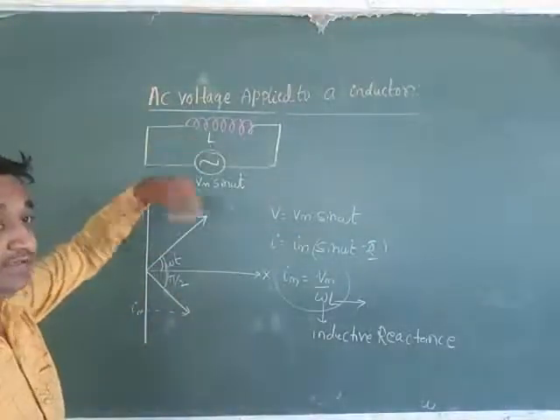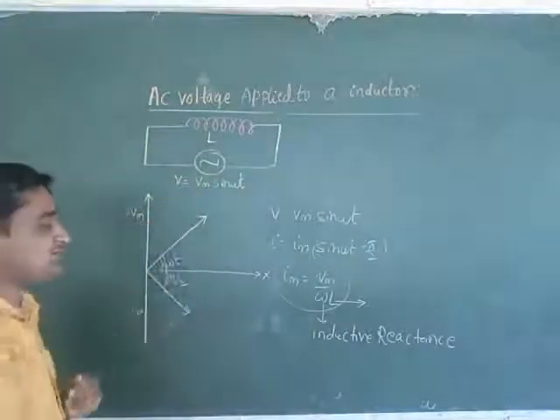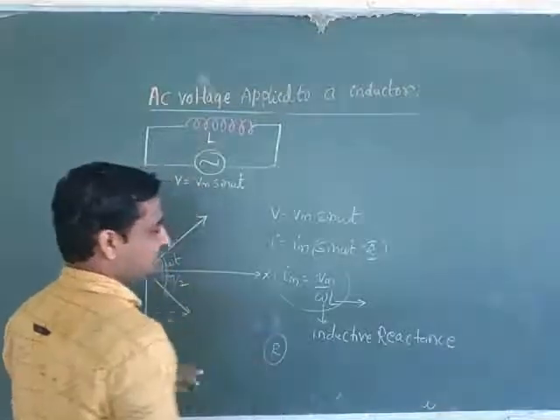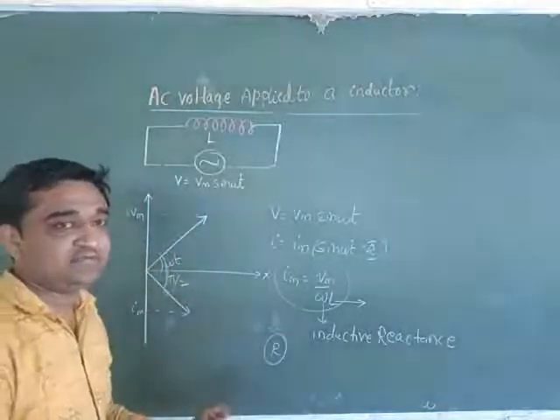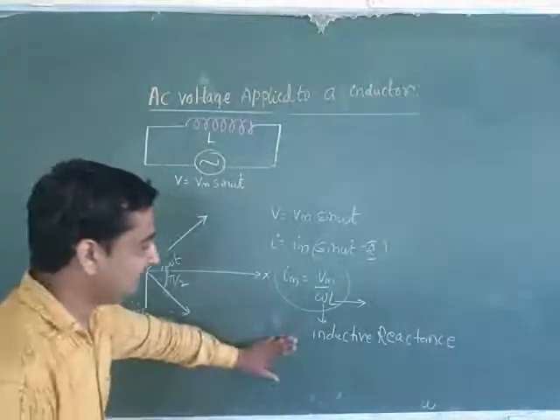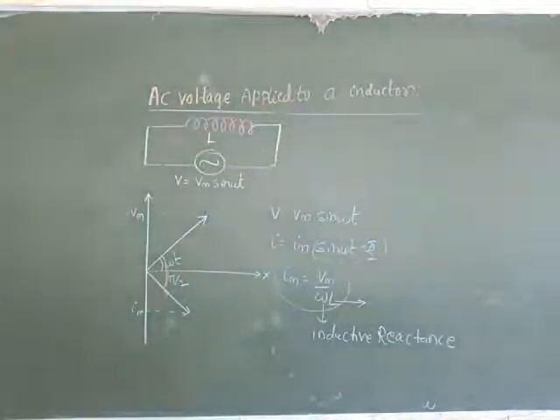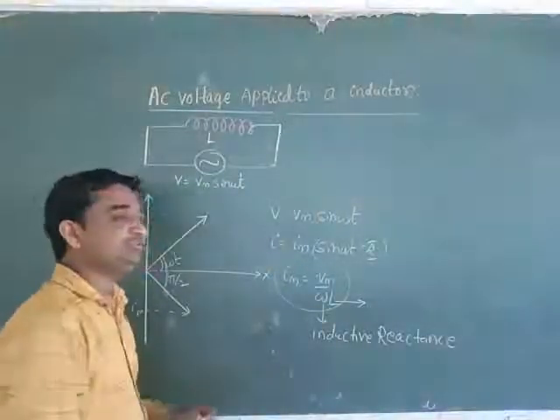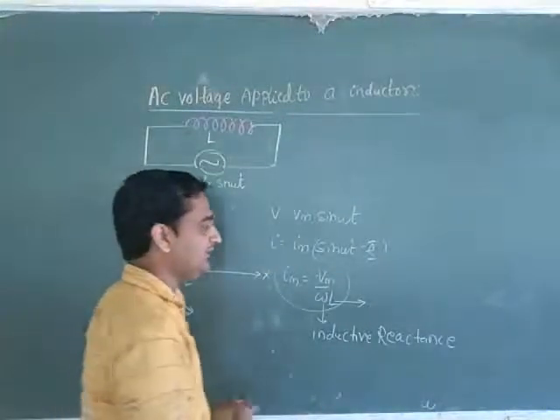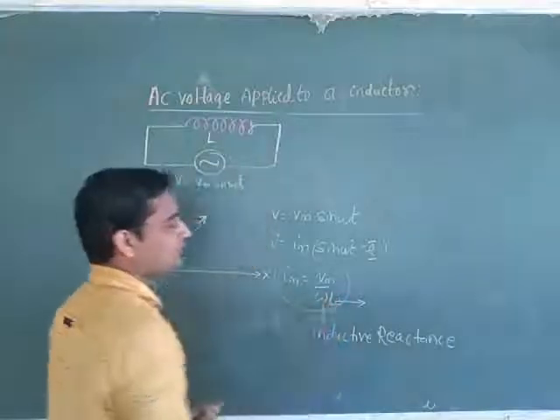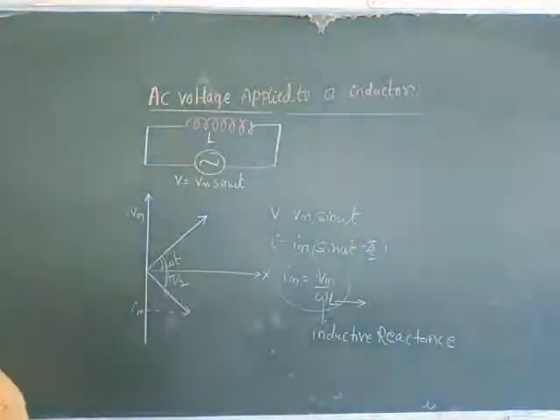In a resistor, we have a resistance R which opposes the flow of current. Here, inductive reactance is the effective opposition offered by the inductor, which can be calculated using the formula omega into L.